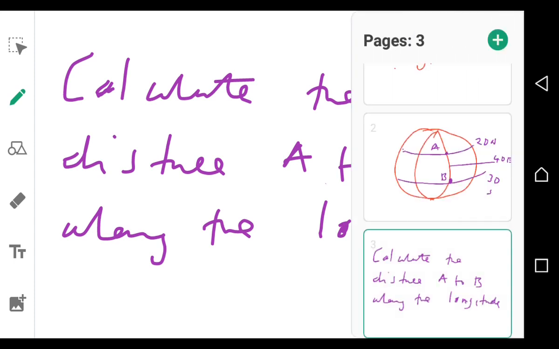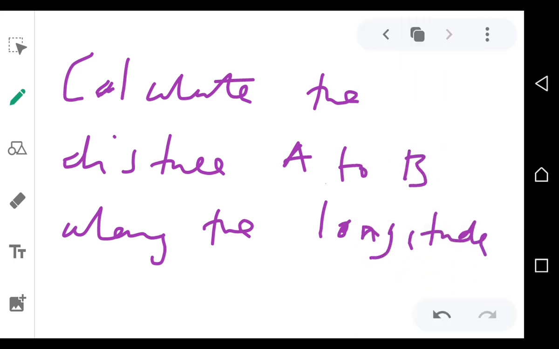Which longitude are they lying along? Along the longitude 40 degrees, 40 east longitude.